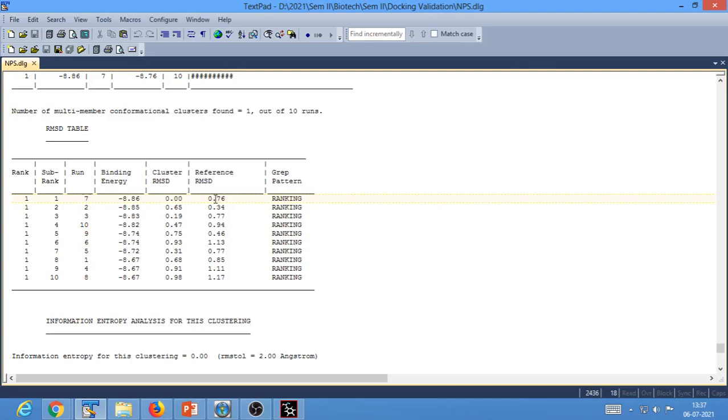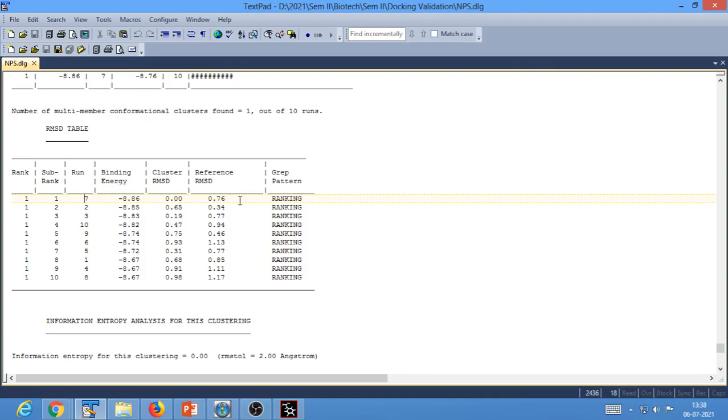Now the scientific community has come to a kind of consensus that if your software is able to predict a pose whose RMSD is below 2 Angstrom compared to the experimental pose, you can say that it is successful in validating your system.